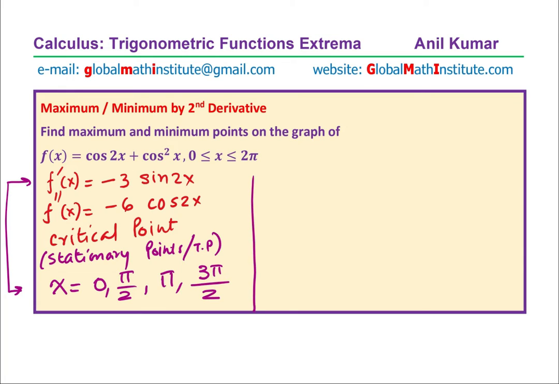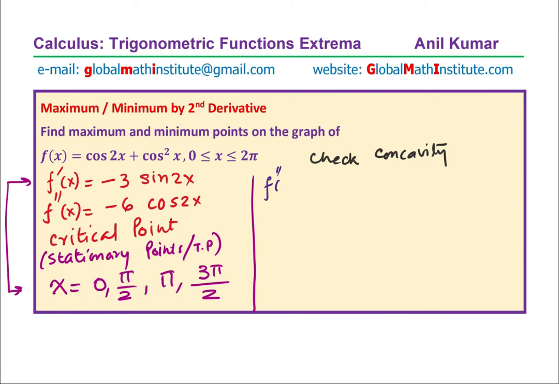Now for each point, we have to see whether the value is maximum or minimum, whether concavity is up or down. So let's put them one by one in the second derivative. That is what we mean by check concavity. Beginning with the very first one, which is 0.